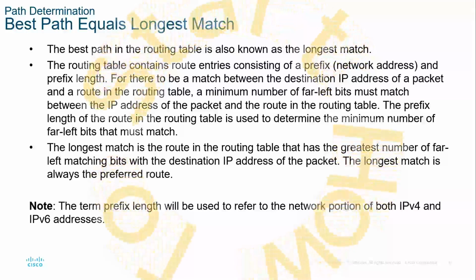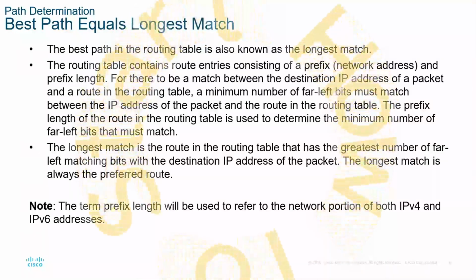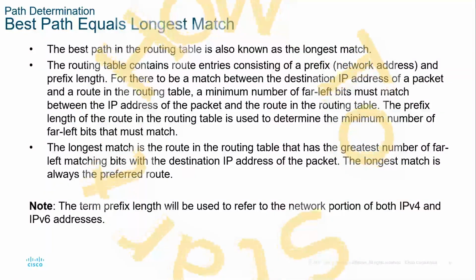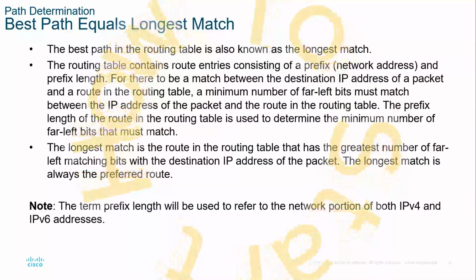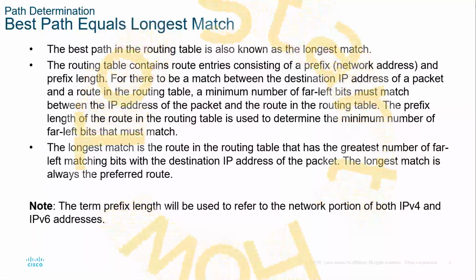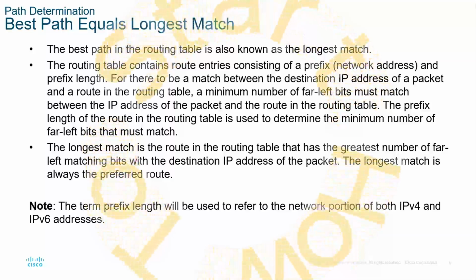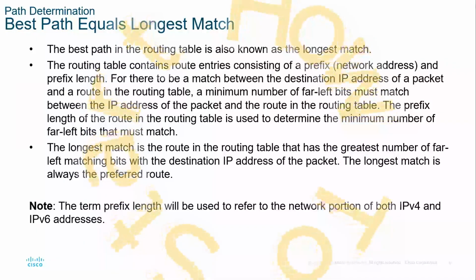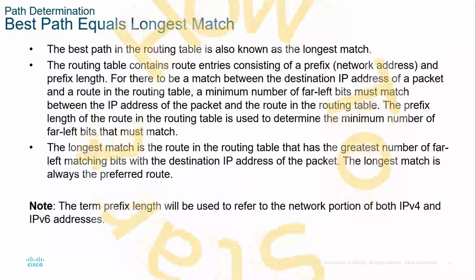So the best path will normally equal the longest match. And the best path is basically the route in the routing table, and that's called the longest match. The routing table will contain route entries consisting of a prefix, the network address, and the prefix length, the subnet.